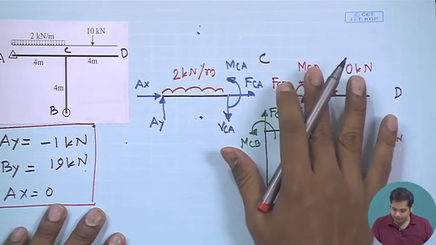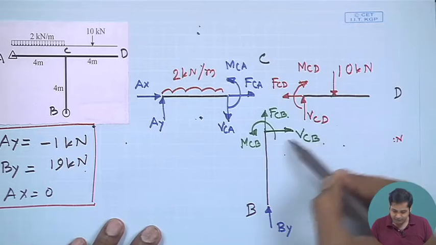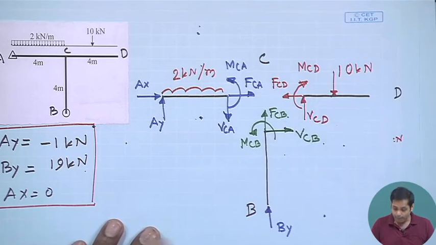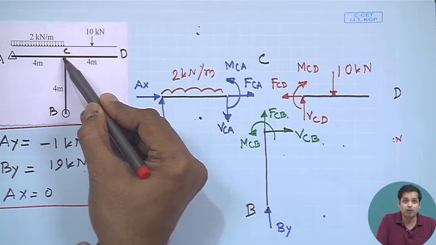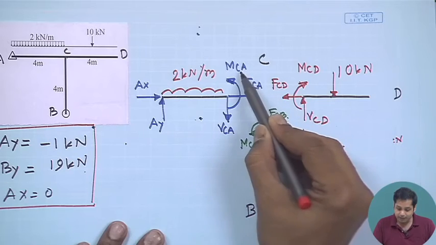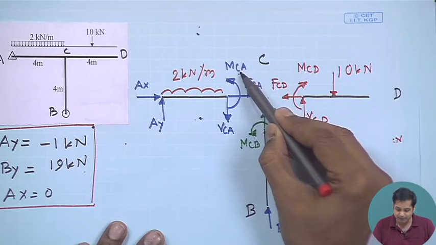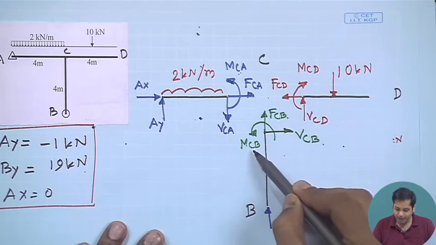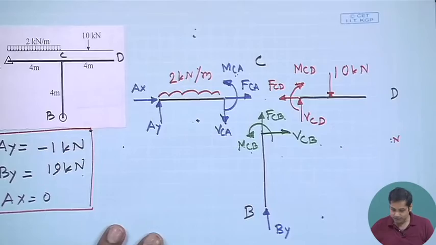So now look at this. We need to find out MCD, FCD, VCD and all these internal forces. But what we know is there is no externally applied moment here. So what is the total moment at C? The total moment at C is the sum of MCA, MCD and MCB. Their sum should be equal to 0.